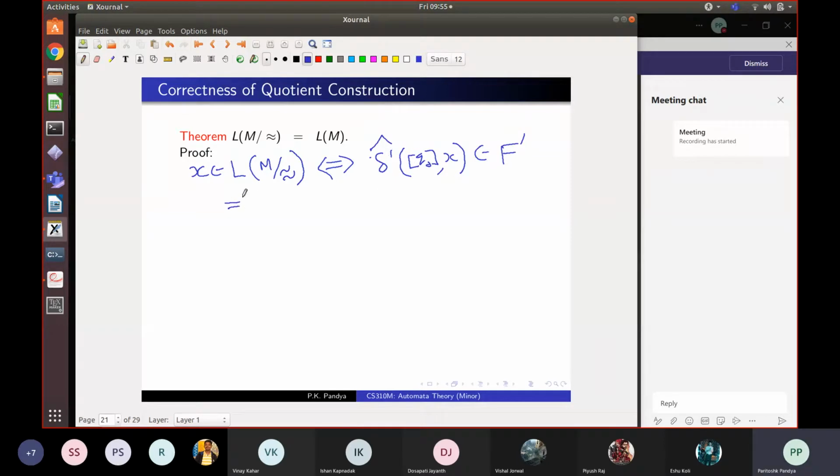This is if and only if delta prime hat on that same equivalence class of q0 on x, let us see, yes, this is correct.